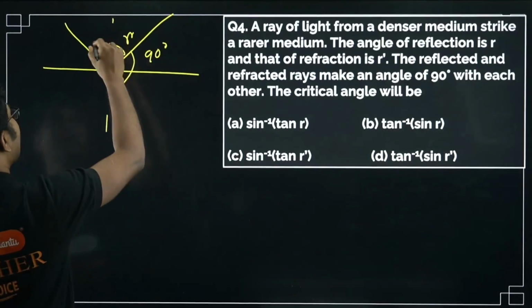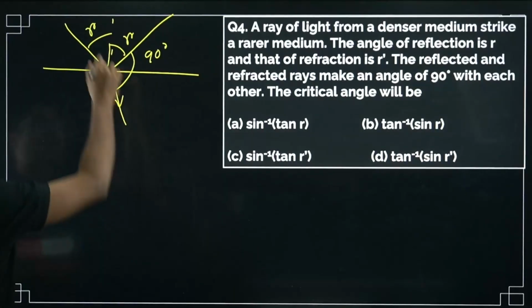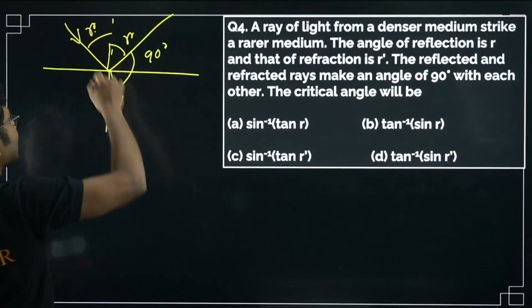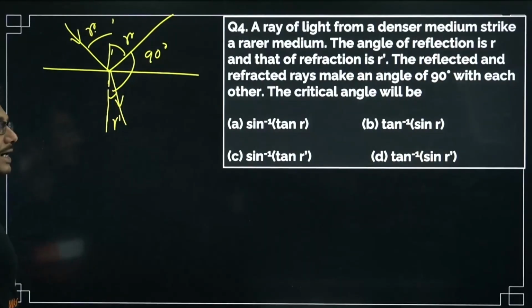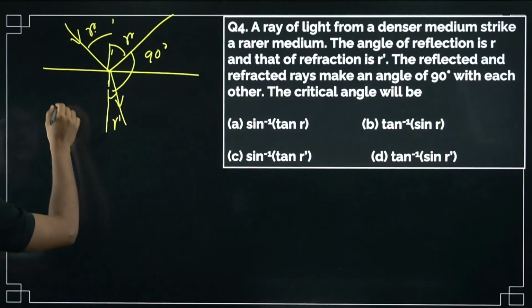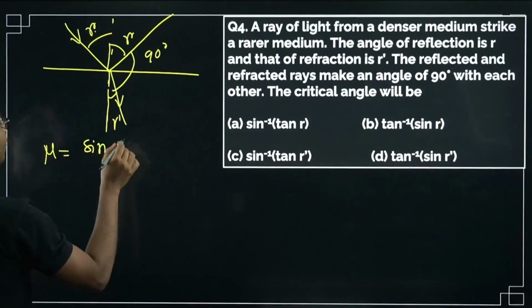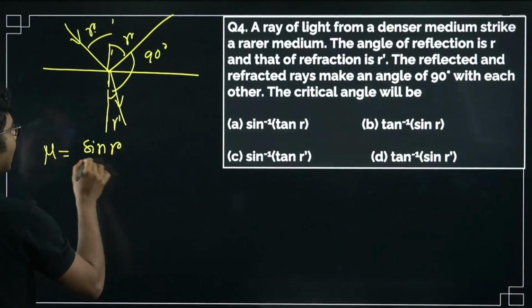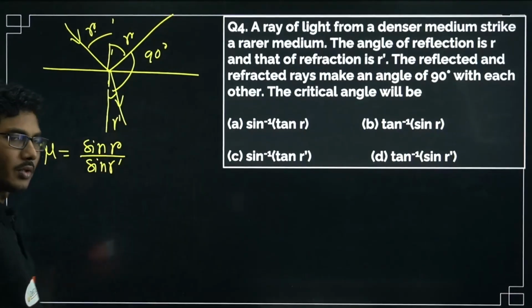Angle of reflection r means what is the angle of incidence? The angle of incidence is also r. So the same angle of incidence applies for refraction as well, and the refracted angle is r dash. So what is the refractive index of the medium? Refractive index is sine of the incident angle divided by sine of the refracted angle, right?